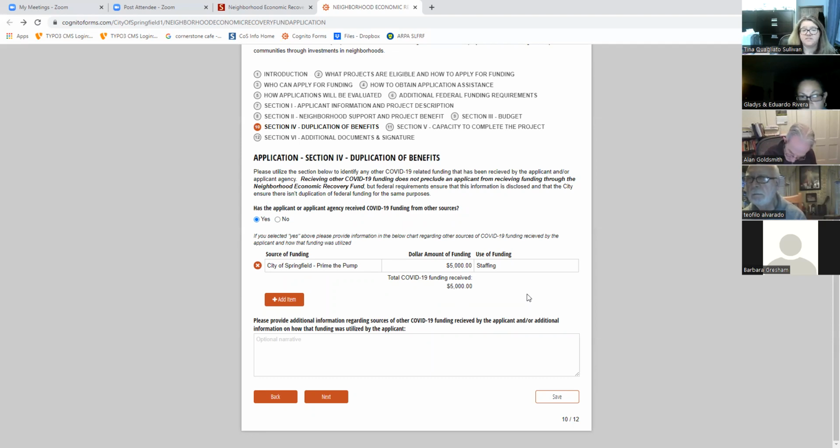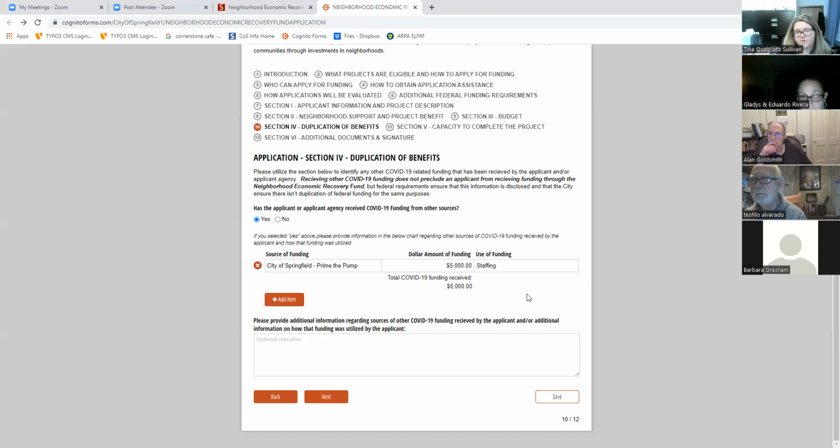If you're a business or an entity, more likely an organization looking to run a program for staffing right now, you're looking for staffing to run a program in the future, that's okay if you already received previous federal funding related to the pandemic for staffing, assuming that funding was time limited to a previous point in the past, which it most likely was, because most of that funding was paid out in some form of reimbursement basis.